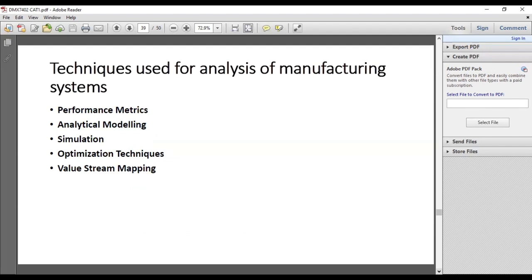So there are different techniques used for analyzing manufacturing systems. Here you just remember these; we'll be going through all these techniques. So one is performance metrics. Performance metrics means we evaluate based on performance, like machine utilization. You may have done all this in a management course for engineers.